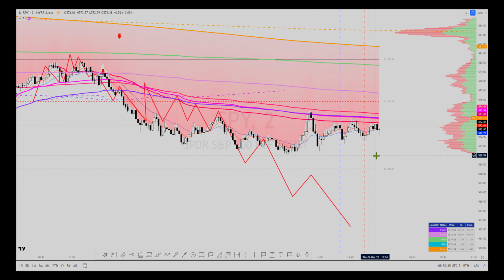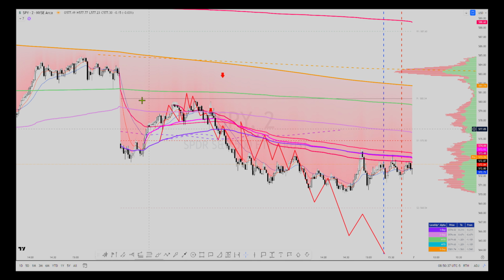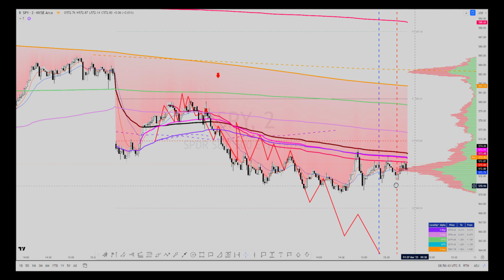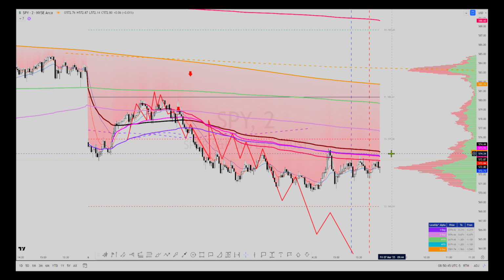So now we can see here that we have our gap VWAP right here. Make it black and we'll make it big. So we're trading underneath that gap VWAP still, and it's been a source of supply since yesterday.